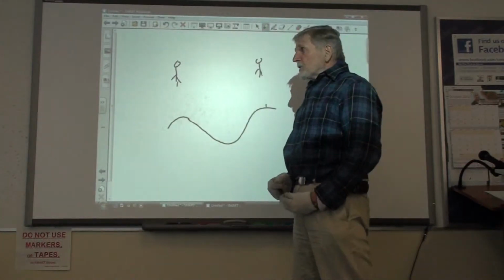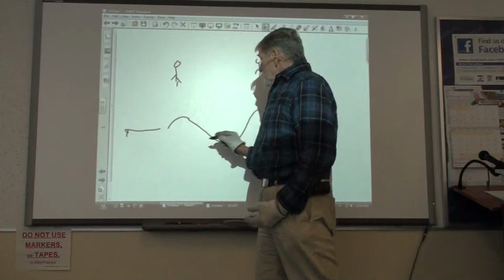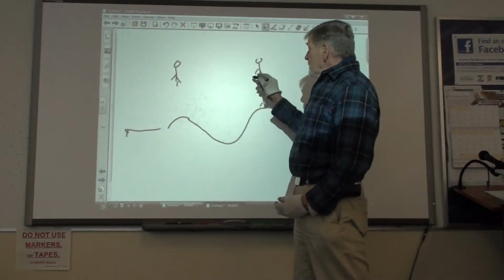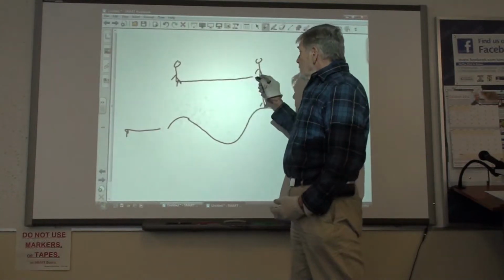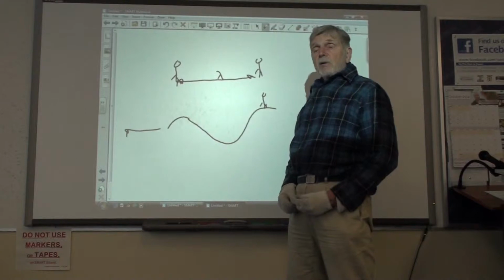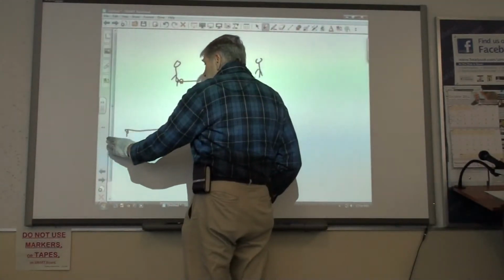If you're standing still and the wave is traveling in this direction, then as the wave travels, your friend will approach you. The distance your friend travels to approach you is therefore the wavelength of the wave. But now this changes if you are also moving.